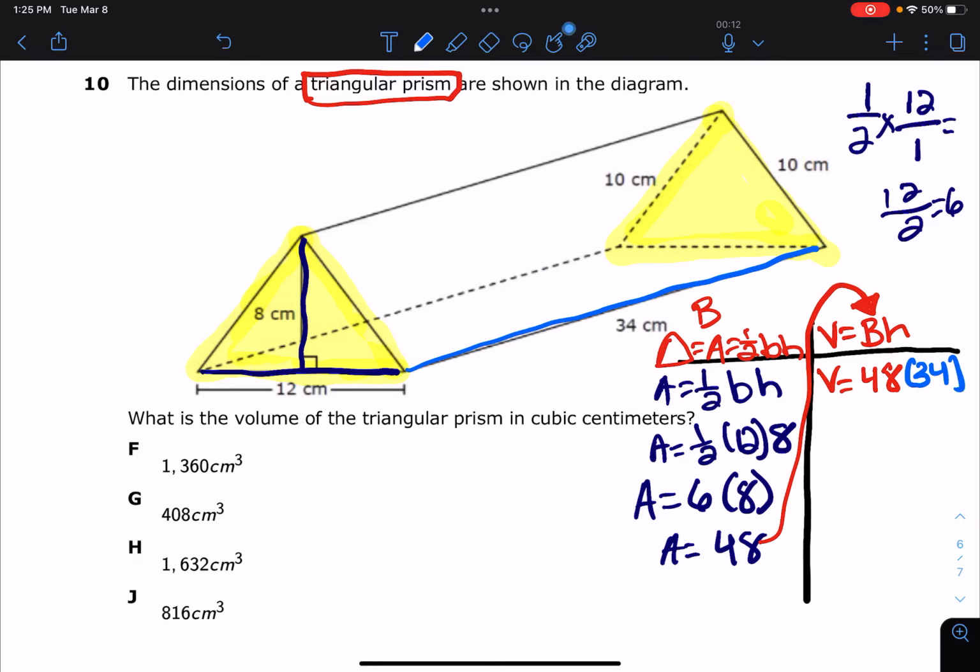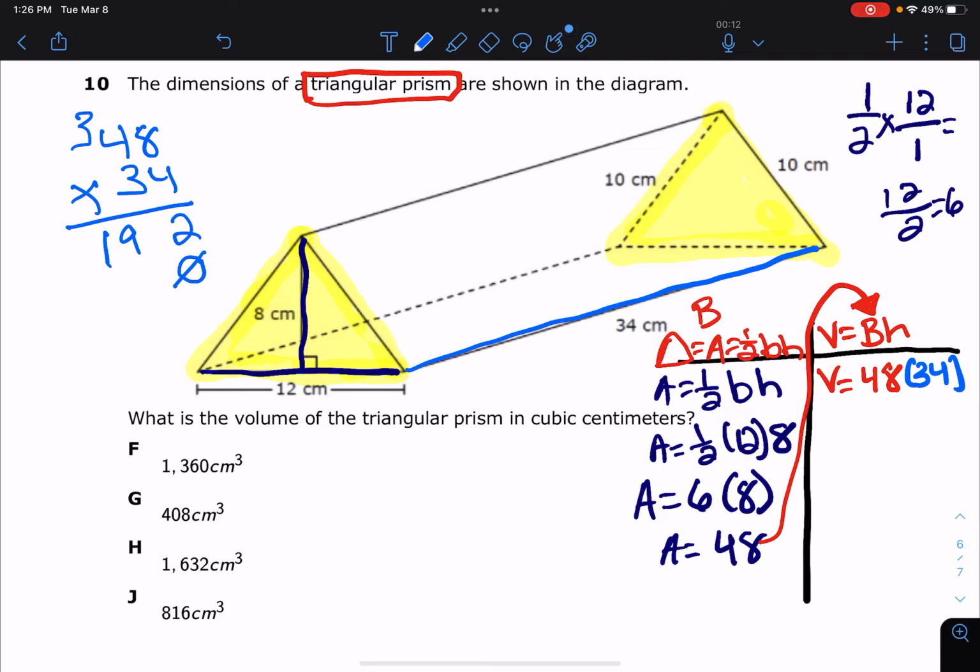Now that I have that, I am going to multiply those two, and that gives me my volume. So I have 48 times 34. 4 times 8, 32. 4 times 4, 16. That is correct. Plus 3 is 19. You're going to add your 0 for your placeholder. Cross out the 4 because we no longer need that.